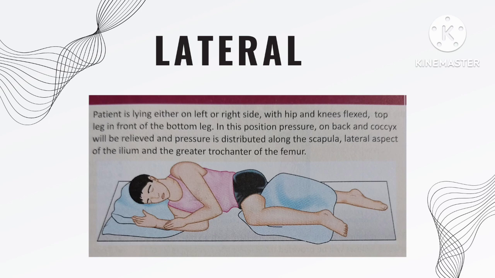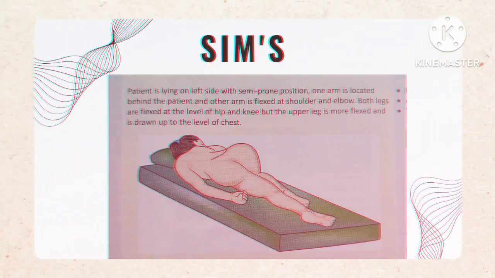The uses are to promote lung and cardiac function and to relieve pressure on the back and coccyx. After liver biopsy, right lateral position. For patients with pyloric stenosis after meals, right lateral, to promote entry of food into the stomach and intestine. During seizure attack and air embolism, left lateral.